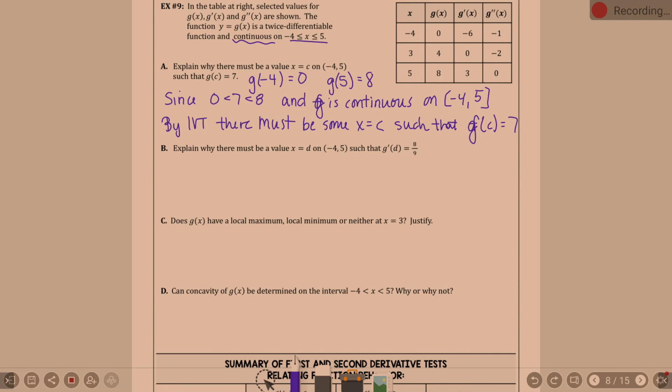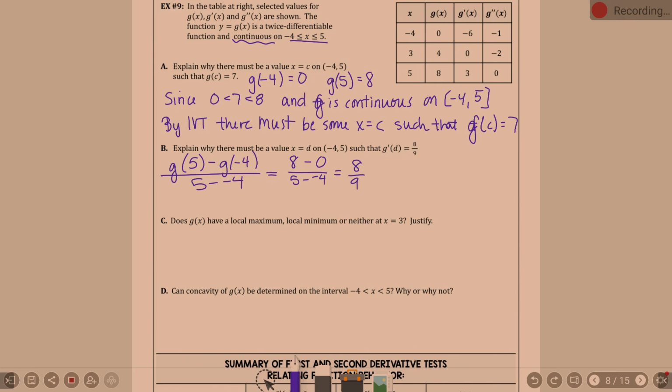If you set up average rate of change here, g of 5 minus g of -4 over 5 minus -4, it's going to be 8 minus 0 over 5 minus -4, and it just so happens to equal 8/9. And again, this works because g is continuous and differentiable on this interval. This is the mean value theorem.